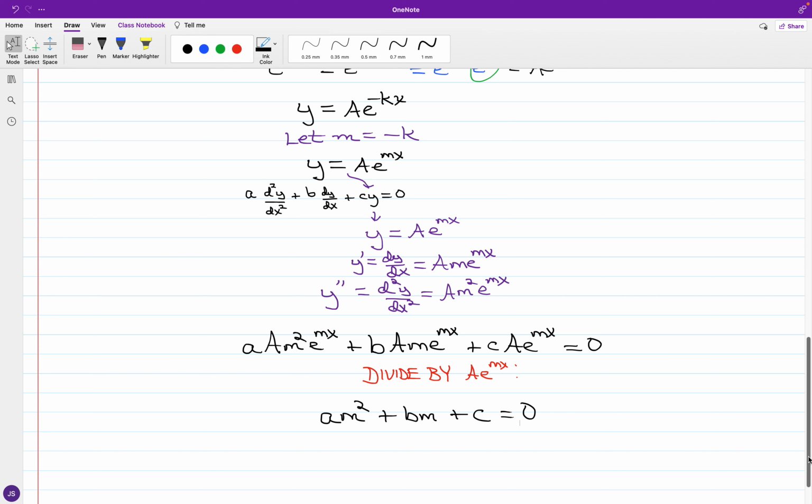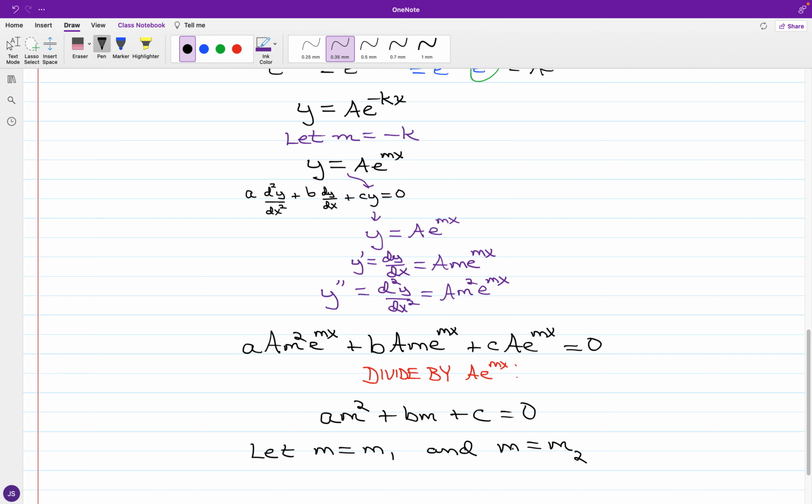And so if we individualize, we can let m be equal to m sub 1, and m be equal to m sub 2. Think of the quadratic equations, like solving for x, whether you are using completion of the square, the zero product property, or the quadratic formula.